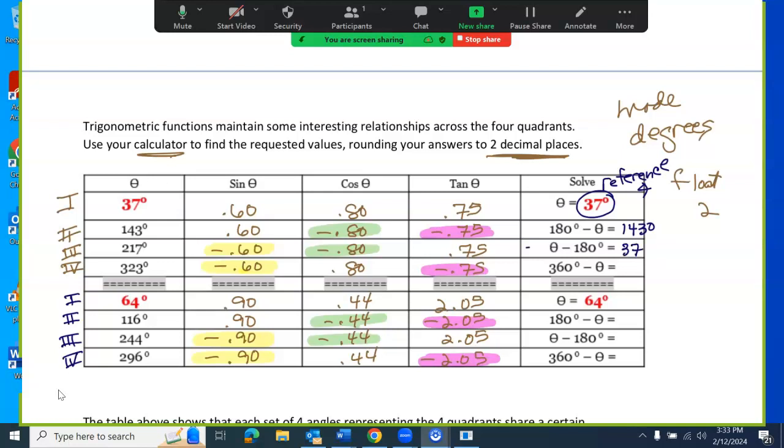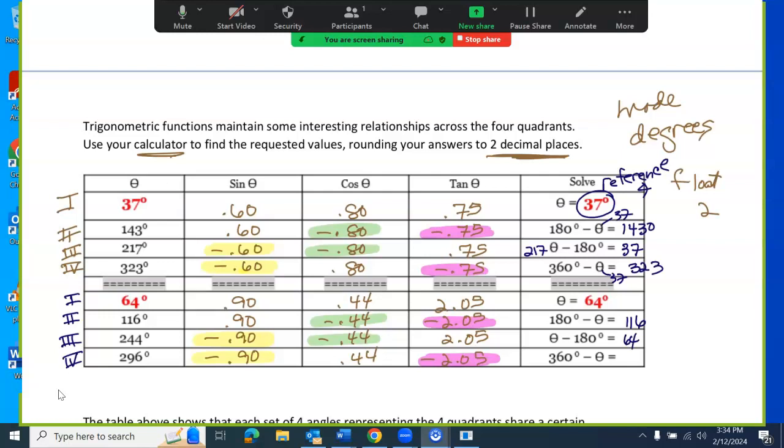If that angle is 217, look what I'm getting. So if this is 37, okay, 360 minus 37 is going to give me 323. Okay, so let me just make sure I've done this correctly. Yes, I have. Okay, so you're going to get a sense of these being important relationships, and we'll do more with this later.